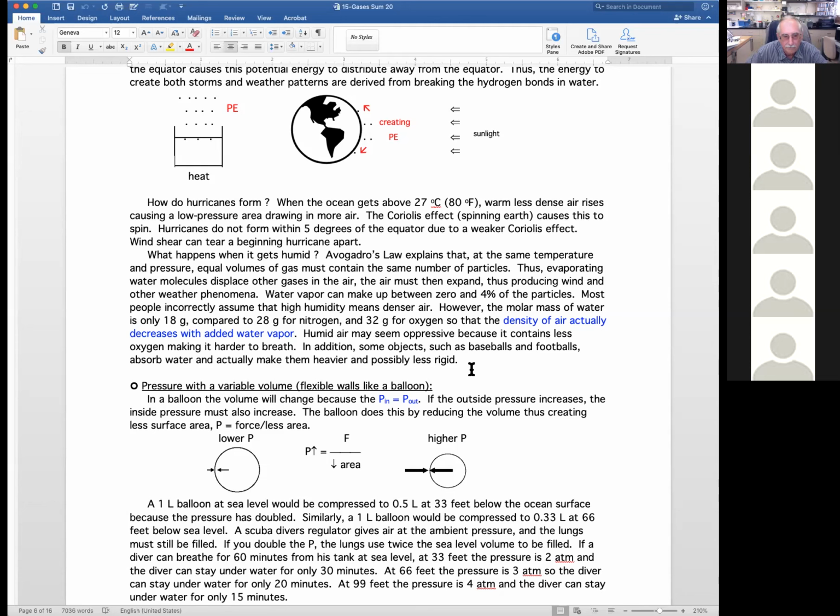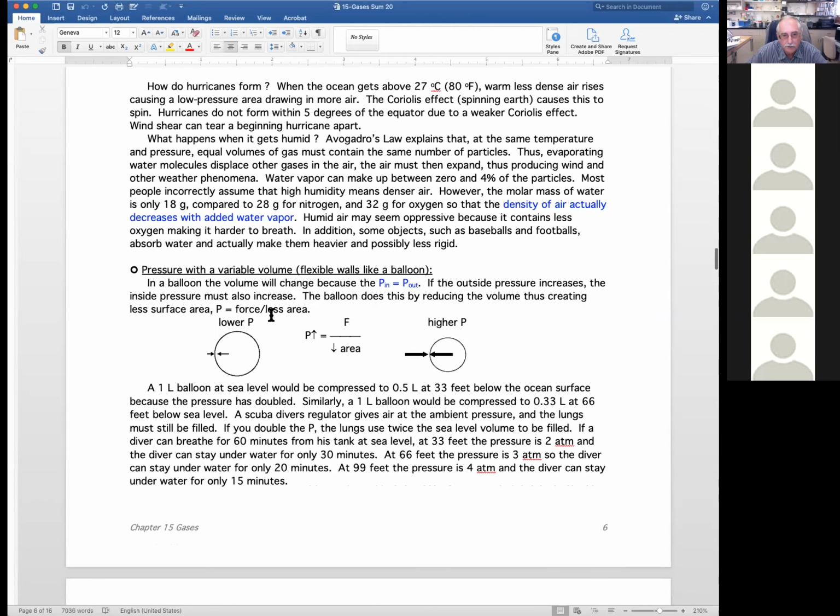So anyway, we have two basic models of pressure. So here's pressure with a variable volume, like a balloon. So in a balloon, the pressure in the balloon will have to equal the pressure outside the balloon. Otherwise, the volume just changes. So here's at a lower pressure.